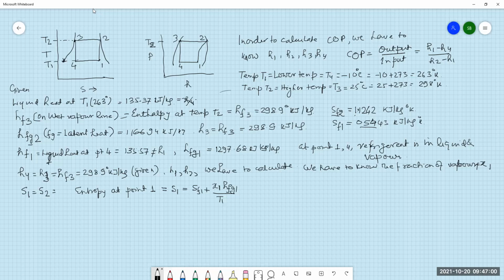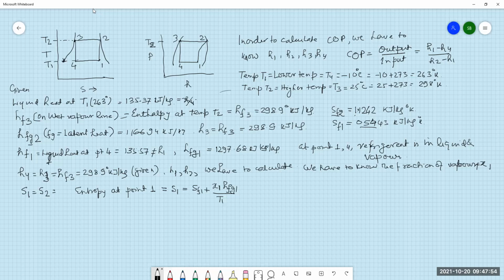And H2 is in the same way the enthalpy at point 2. HF2 is the enthalpy of the fluid at point 2, plus the latent heat of evaporation at this stage, T2, HFG2. The latent heat is 1166.94.